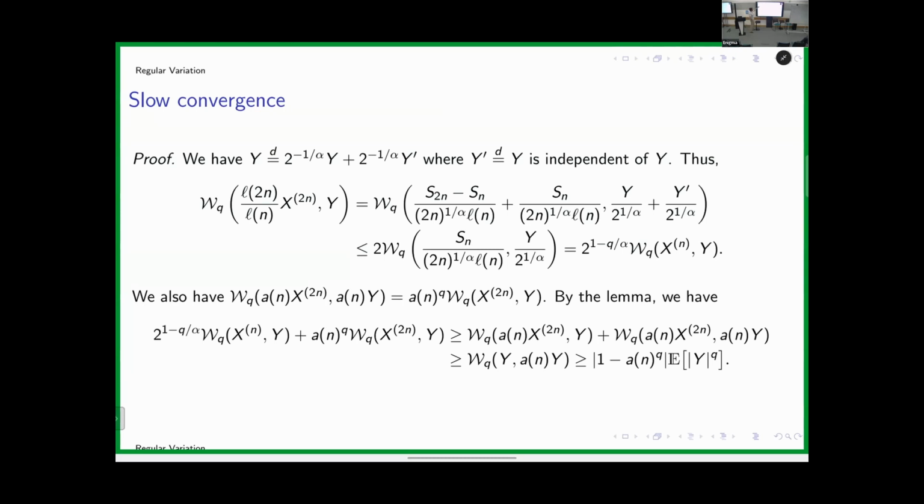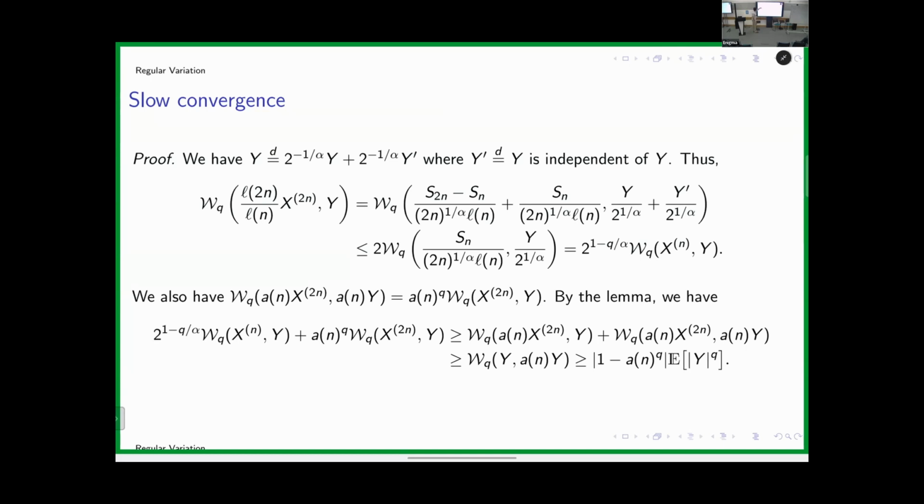Okay. So from the definition of stable distributions, y has the same distribution as 2 to the minus 1 over alpha y plus 2 to the minus 1 over alpha y prime, where y prime is an independent copy. Okay. So then I simply write some things and apply this lemma that I gave you. Okay.